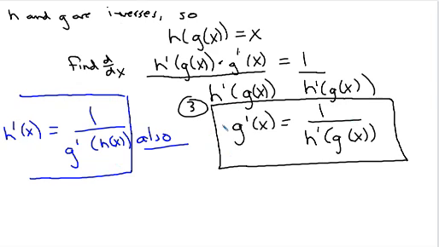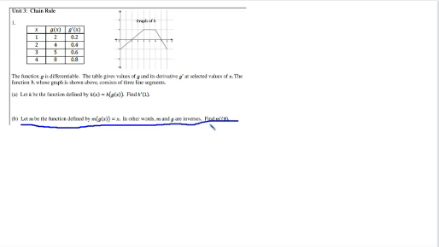And so I'm going to be thinking, which one do I want? Well, I'm looking for m prime of 4, okay? So that means I need to think, I want the expression that's m prime of x.